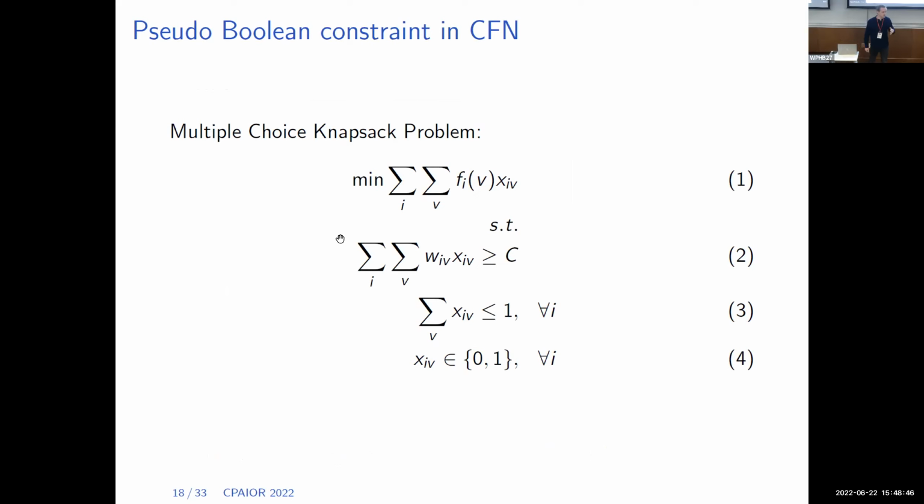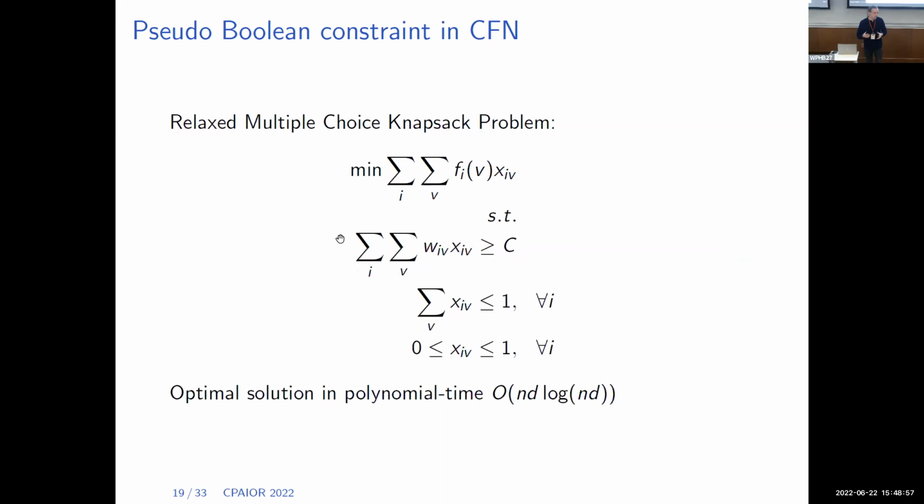This problem is NP-hard to solve. And because we are running this inside the branch and bound algorithm, we want to keep our algorithm in polynomial time. So we are going to relax the integrality constraint, and we get the relaxed multiple choice knapsack problem, which is solvable in polynomial time.